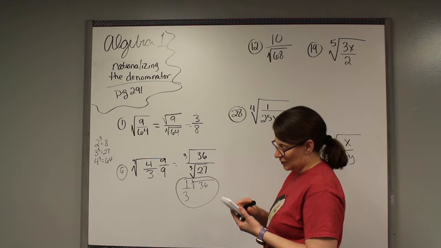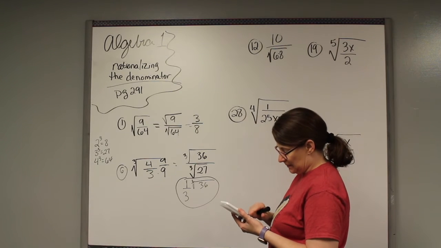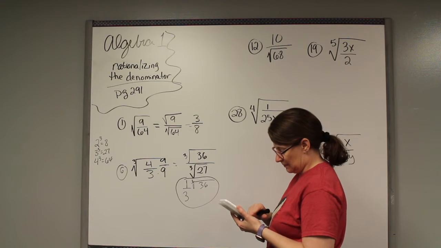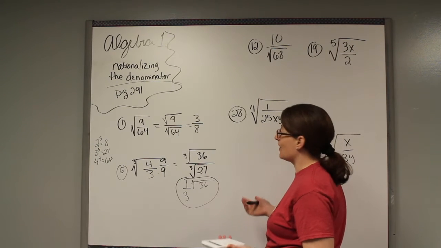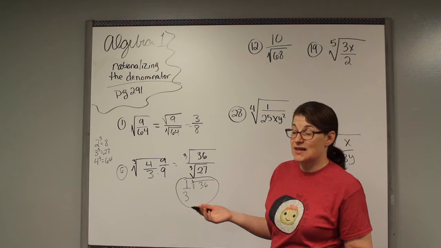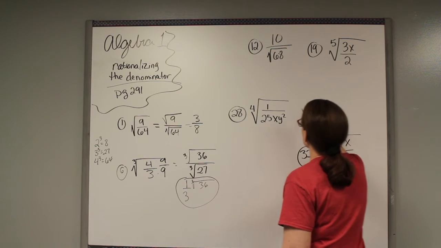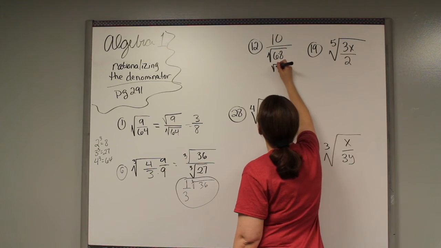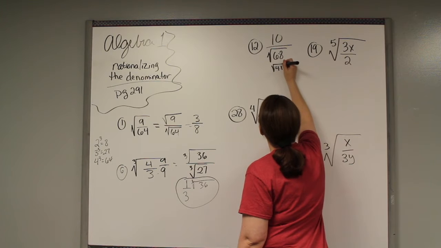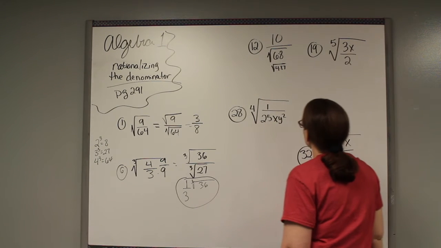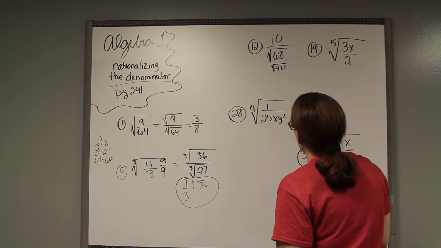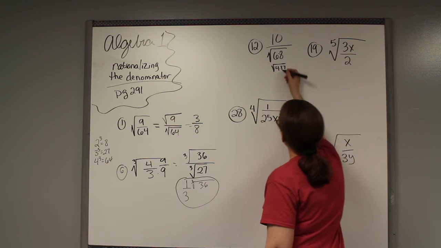Neither one of those are perfect squares. 68 divided by 4 is 17, so it's 4 times 17. I can go ahead and pull out my 2.